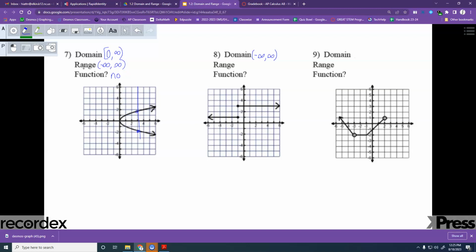Okay. What about range? Range is weird on this one. Let's do what we did before with our line. We're going to start here. Do we touch the graph? Touch the graph. Right here, do we touch the graph? At 1, we're touching the graph. Do we touch the graph here? In between? No, we've got nothing right here.